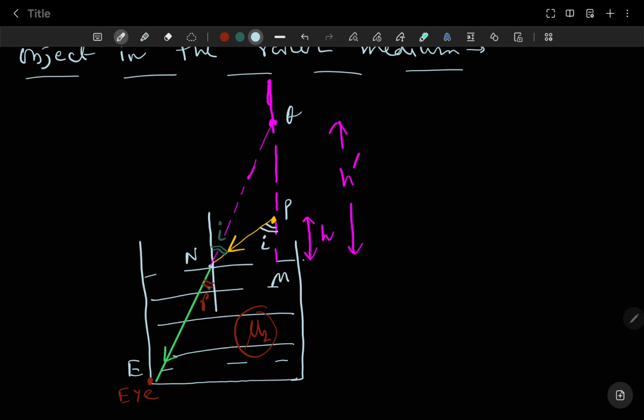And if this angle is r, this is corresponding angle r. Fine, so from triangle MPN, what you can write, sin i is equal to MN by NP.